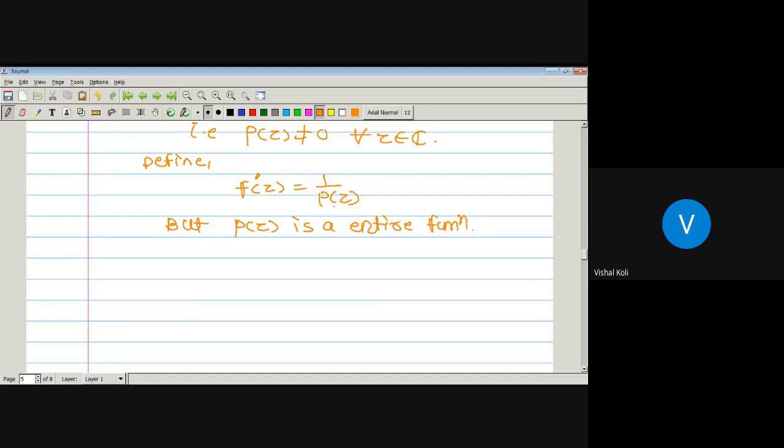As P of Z is entire and not equal to 0 for any Z, f of Z is also an entire function, since it has no singular point.